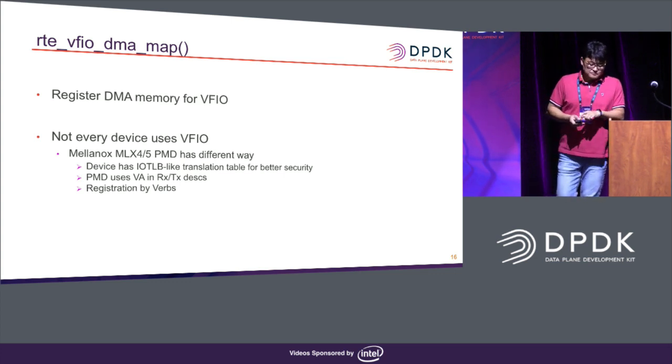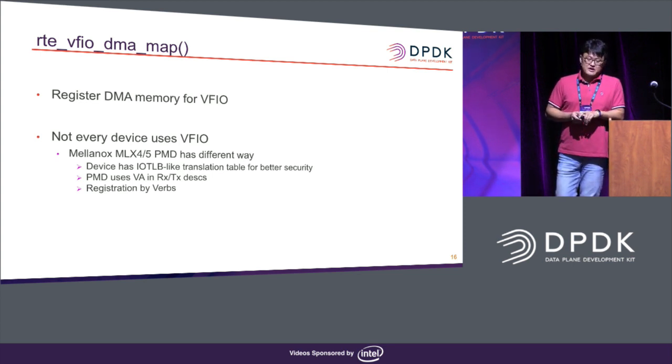In the case of Mellanox, we don't use IOVA, the physical address, in our descriptors. We use virtual addresses because the device has IOTLB entries, which have to be pre-registered at initialization.